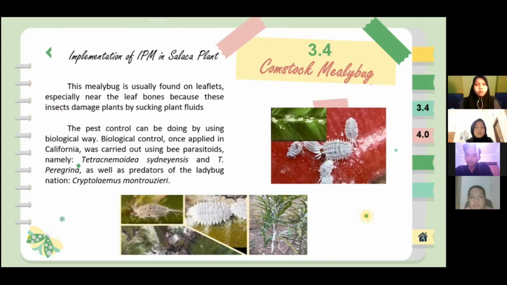The pest control can be done by using a biological way. Biological control, once applied in California, was carried out using bee parasitoids, namely Tetracnemoidea sydneyensis and T. peregrina, as well as the ladybug predator Cryptolaemus montrouzieri.